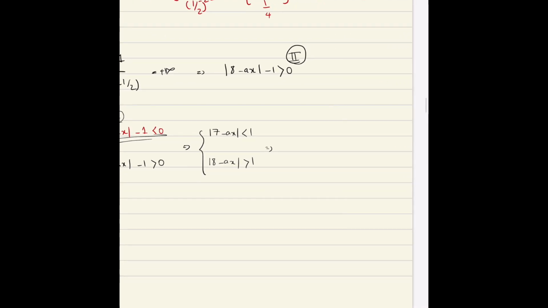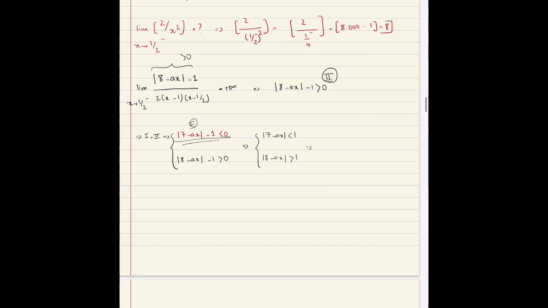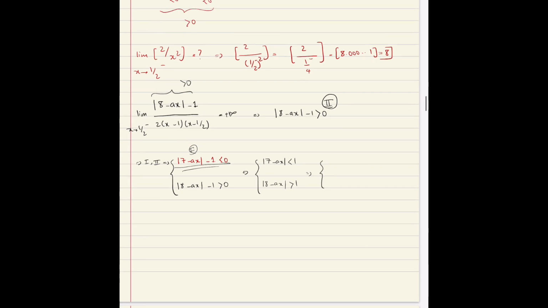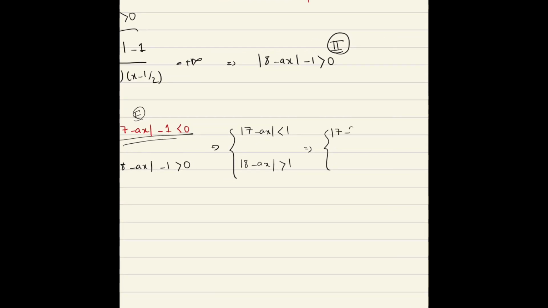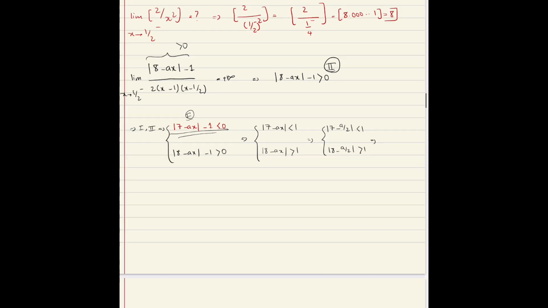So we basically need to replace 1 over 2 for the x, and then see what we can get. So the first inequality would be absolute value of 7 minus a over 2 less than 1, and the second part would be absolute value of 8 minus a over 2 greater than 1.